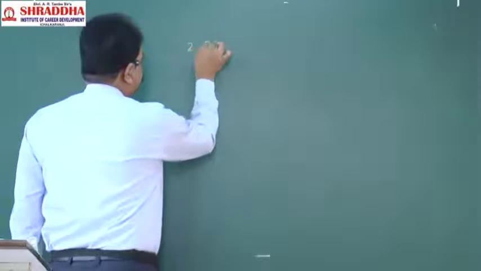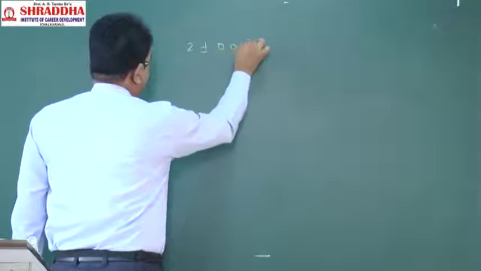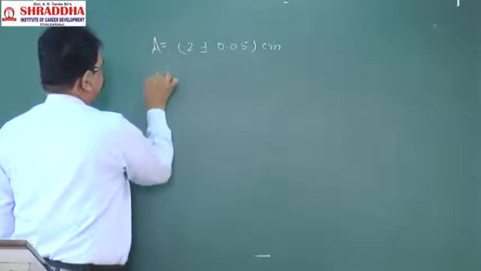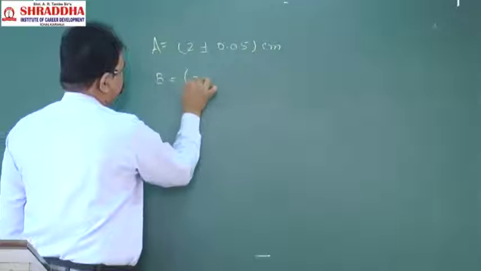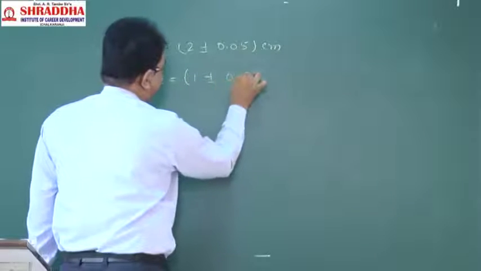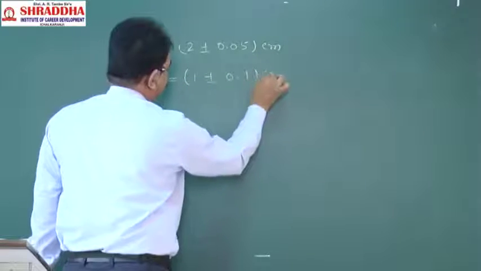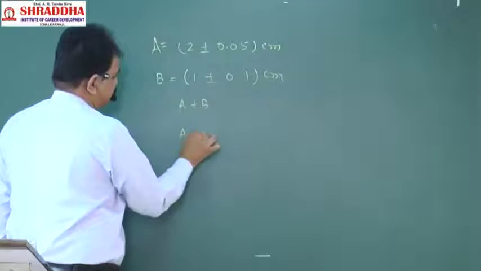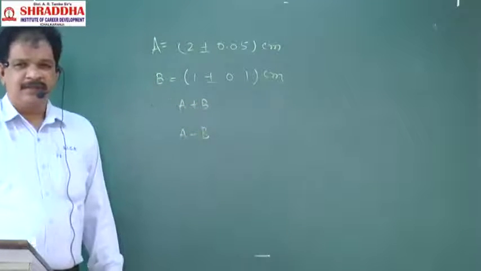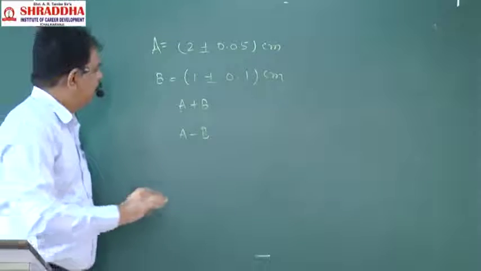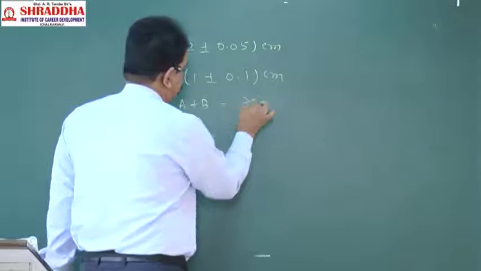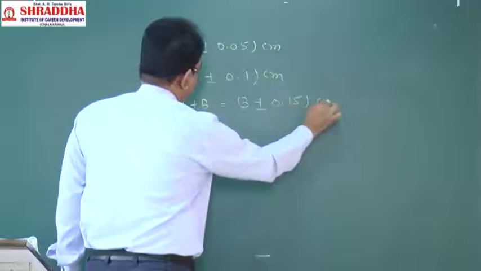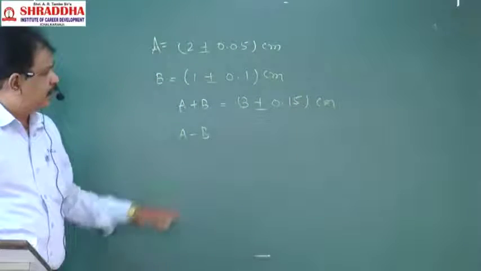So, A value is 2 plus or minus 0.05, B value is 1 plus or minus 0.1. Find A plus B and A minus B. A plus B will be how much? 3 plus or minus 0.15 centimeter.